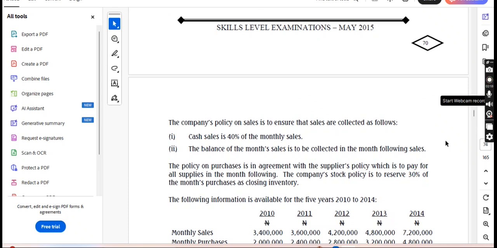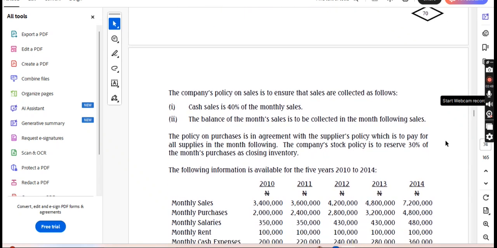The balance of the month sales is to be collected in the month following sales, that is 30 days in the month following sales.